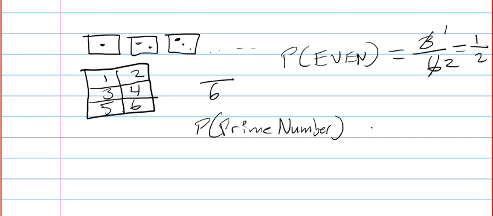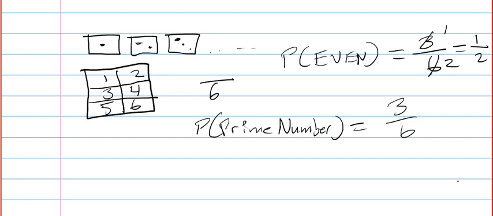We don't count 1 as a prime number, but we'll have 2, 3, and 5, right? So that's 3 numbers in total. 3 over 6 again. All right, what's the probability of just getting odd numbers? Same thing, 3 over 6.